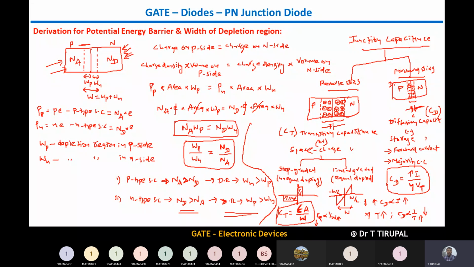These are the important points you need to remember. This is regarding transition capacitance and diffusion capacitance. Please go through the formulas under this slide. Very important for you. If you have any doubts, please let me know. This is regarding junction capacitance.